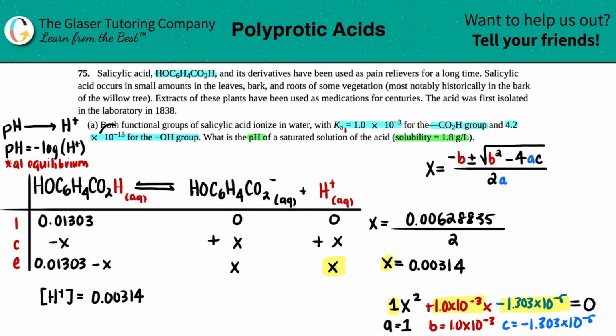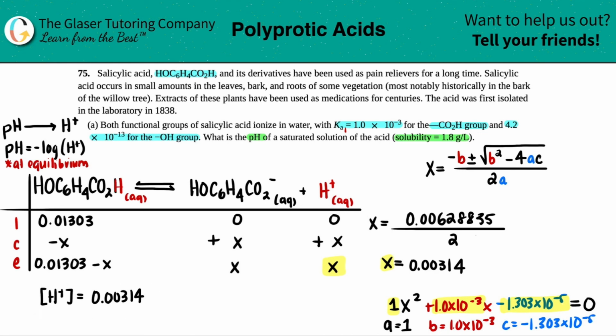But this number is so small. The smallest that you can get is 10 to the negative 14th. It's right there. This basically means that you're not going to have any additional ionization of H plus in the second equation. If you wanted to do that though, go for it, but you'll see that this number won't budge.